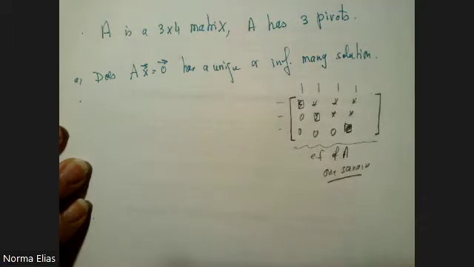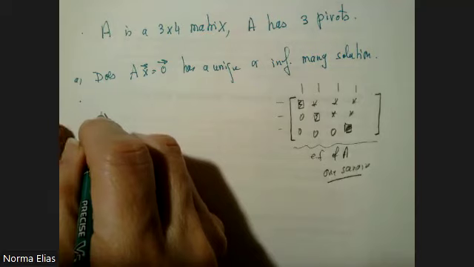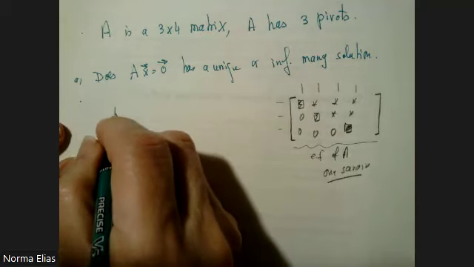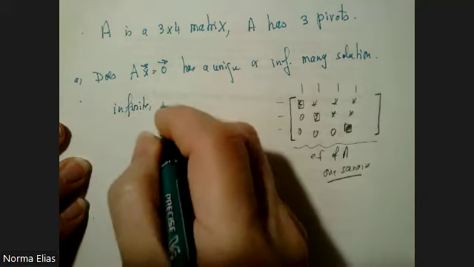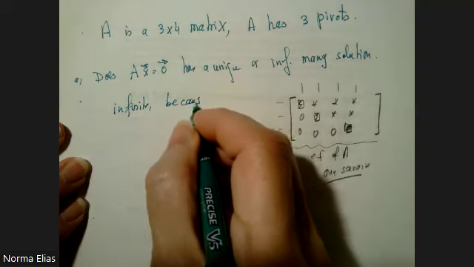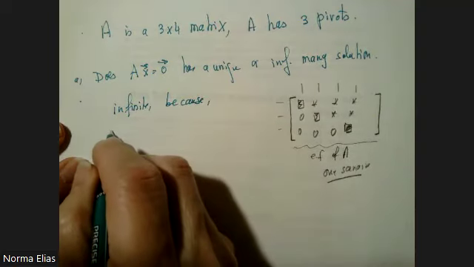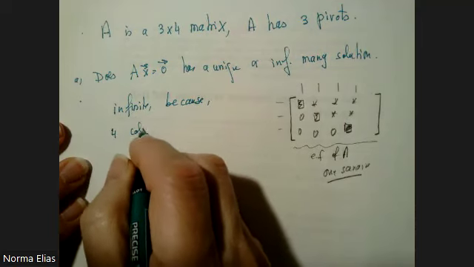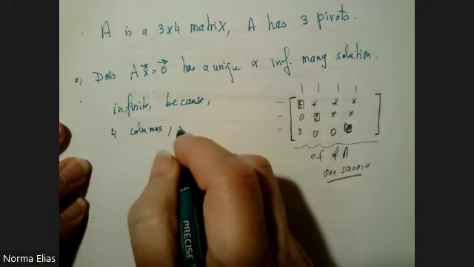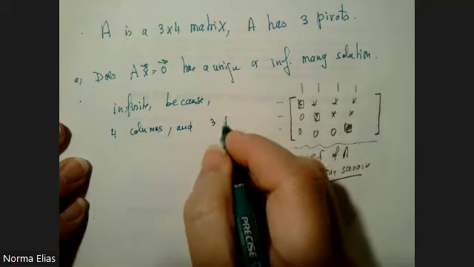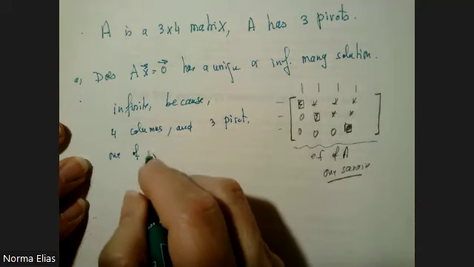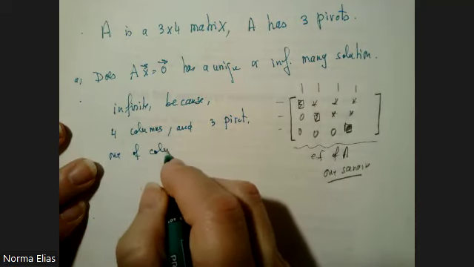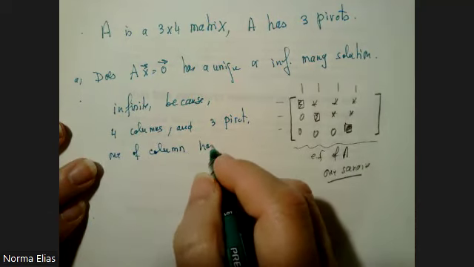So is the solution unique or infinite? The solution is definitely infinite, because since we have 4 columns and 3 pivots, one of the columns has no leading entry.